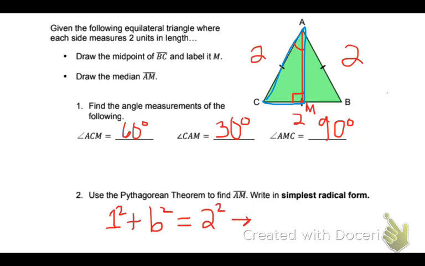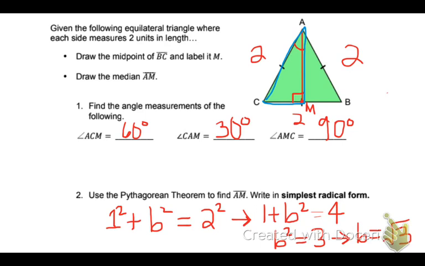When we simplify that, we get 1, because 1 squared is just 1, plus b squared equals 4. Then we have to subtract that 1, we get b squared equals 3. And then that simplifies to b equals the square root of 3. Because we had to take the square root of both sides.